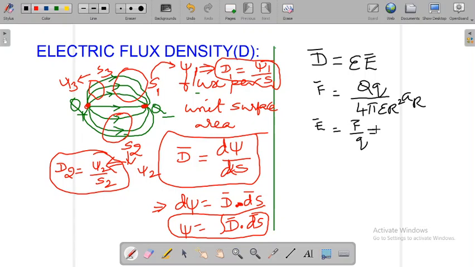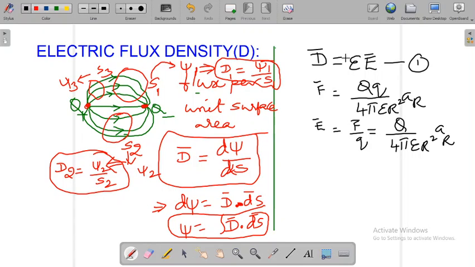If I substitute this equation, this r cube cancels out, and we get E equals Q by 4 pi epsilon r square times a suffix r, where a r is the unit vector along the R direction. Let us consider this as equation 1.